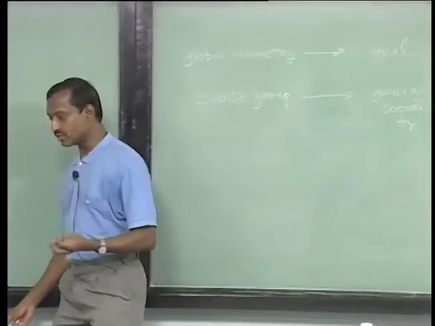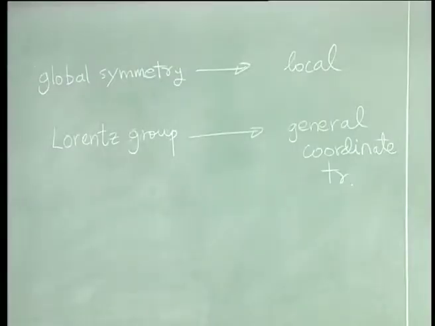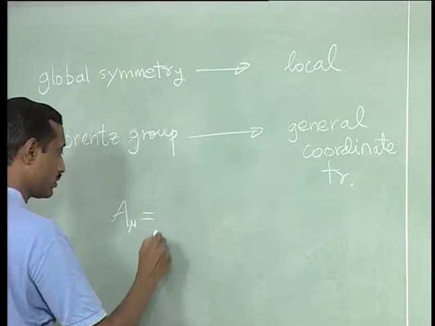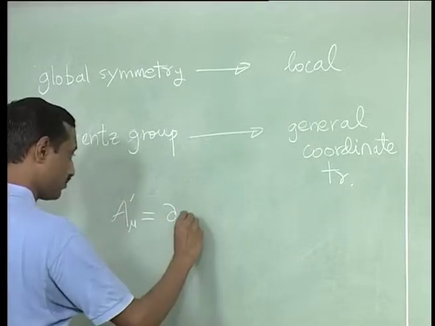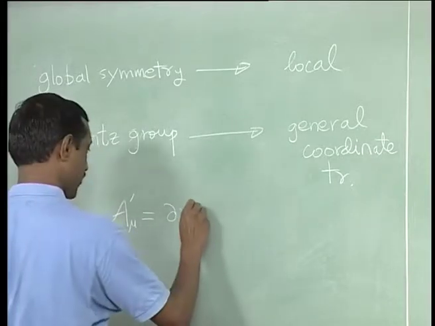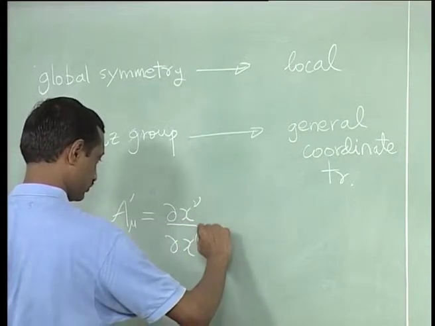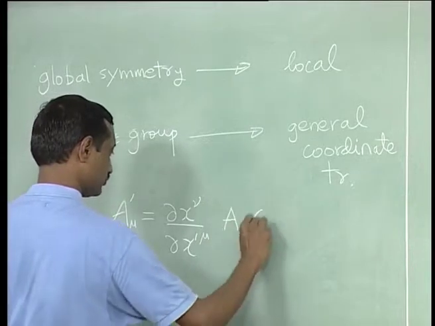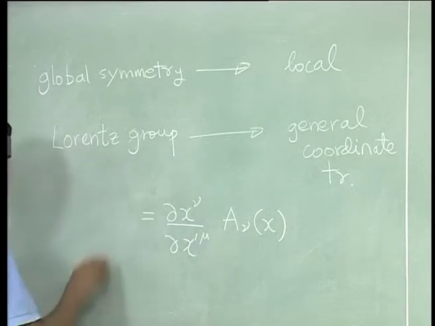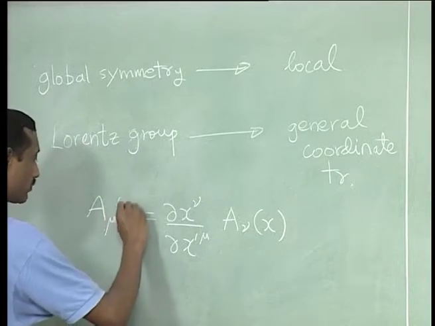So the first thing is to ask how things will transform. So for instance, already we saw, if you take a vector field under general coordinate transformations, it should transform. So you write something like this: A mu of x prime equal to.